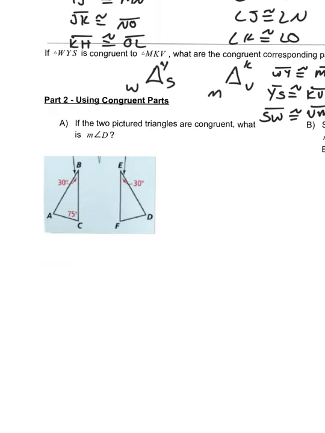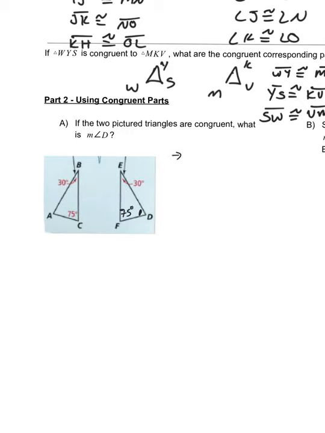If the two pictured triangles are congruent, then what is the measure of angle D? Okay, so we want to find this angle right here, all right? Well, if these triangles are congruent, then the corresponding angles are congruent, given B and E are both 30. So if C is 75, then F should be 75 as well, okay?